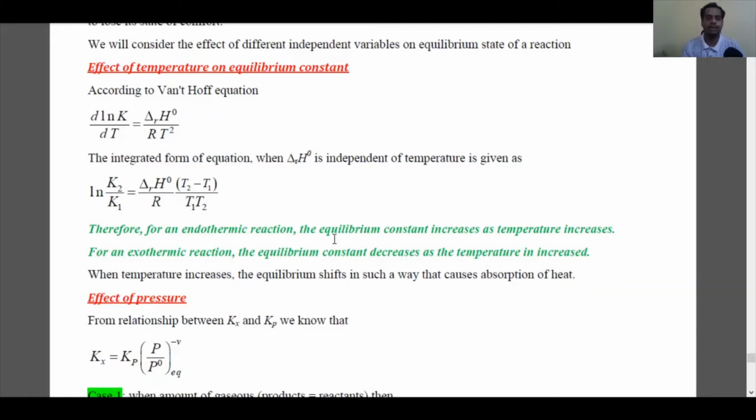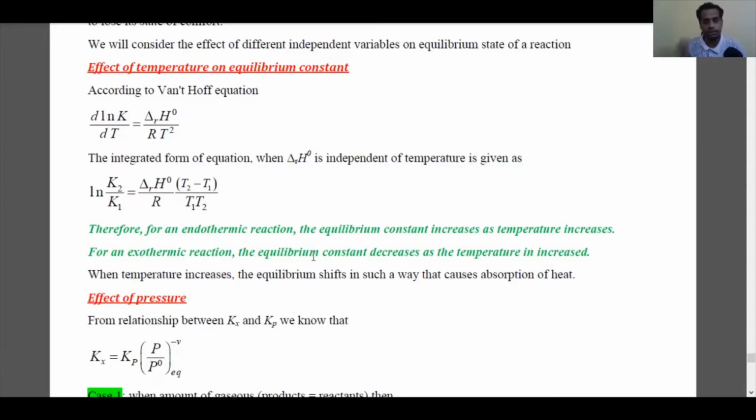Now let's consider the second case: an exothermic reaction. For an exothermic reaction, the reaction enthalpy is negative, so the numerator is negative. If I increase the temperature, T2 will be more, so the total right hand side term is going to be negative. My equilibrium constant will decrease.